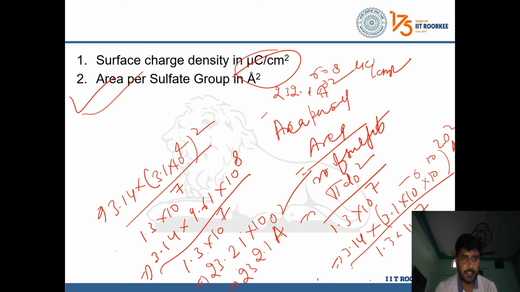The second part is you have to calculate the area per sulfate group in angstrom square. Whatever area you get, you have to divide that area by the number of sulfate groups. You will get the area per sulfate group, first in meter or centimeter square, and after that you can convert it to angstrom square.